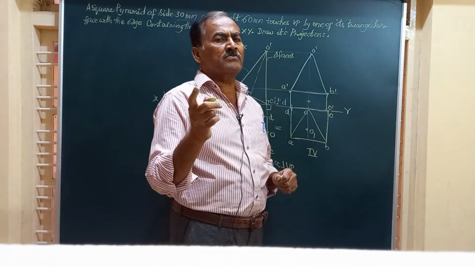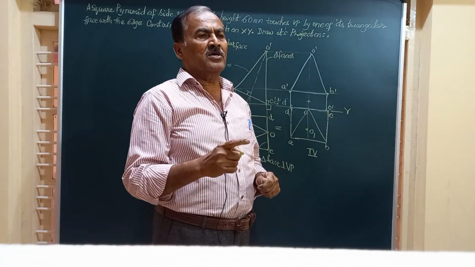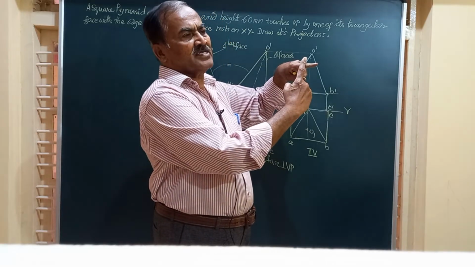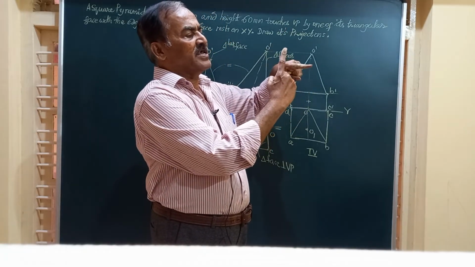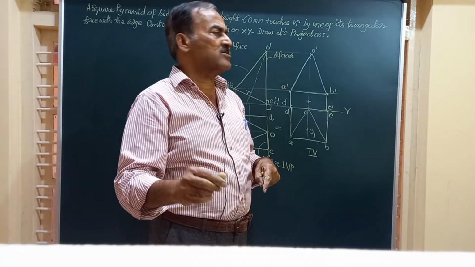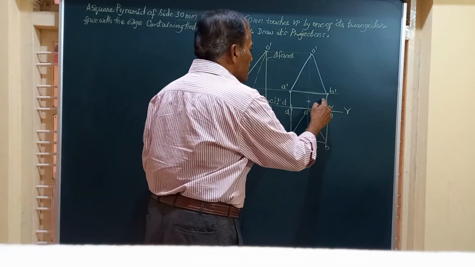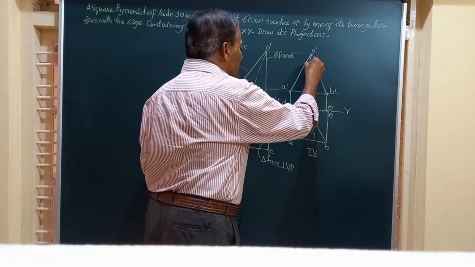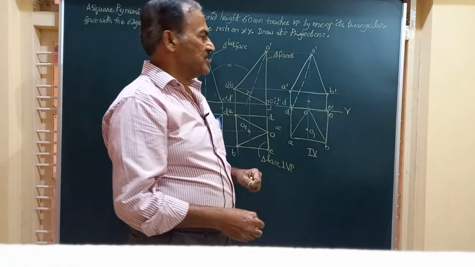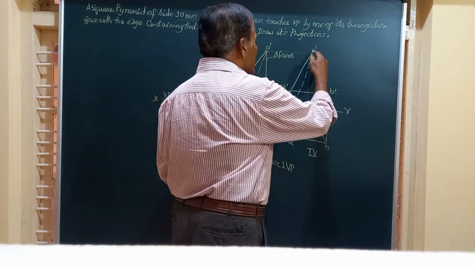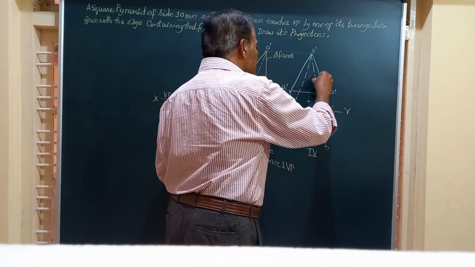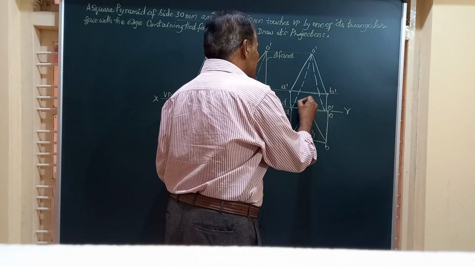And I have told you in many of my previous videos on projections of solids that whenever two lines intersect, if one of them is a full line, the other intersecting line should be a dotted line. We know very well this one is a full line, so I have to join the other by a dotted line, an invisible edge. Similarly, when we join O to C, it is intersecting AB, and hence even this has to be a dotted line.